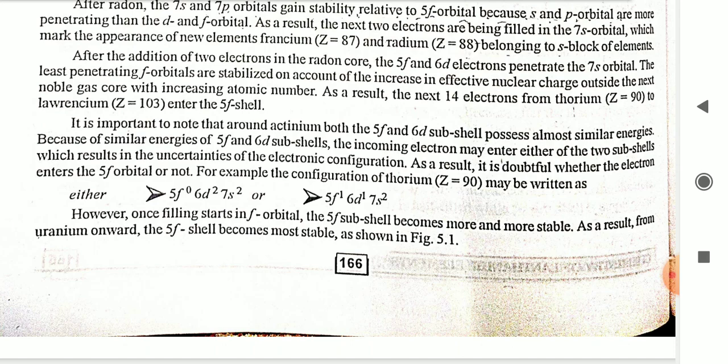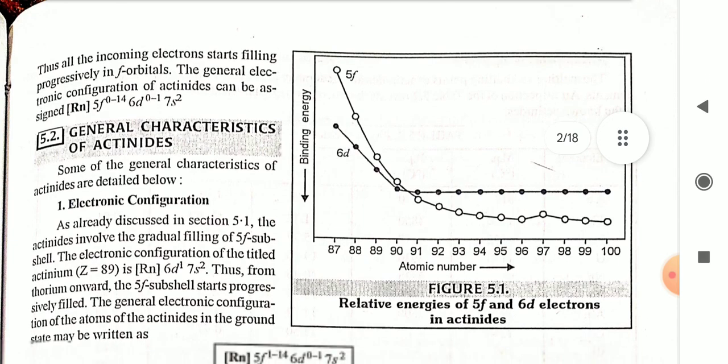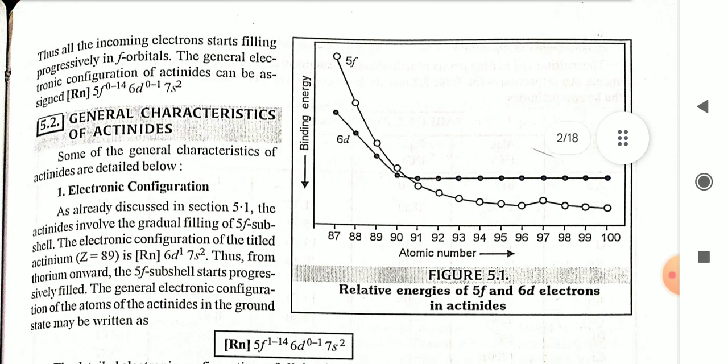As a result, from uranium onward, the 5f subshell becomes more stable, as shown in figure 5.1. Thus, all the incoming electrons start filling progressively in the f orbital. The general electronic configuration of actinides can be assigned as Rn 5f0 to 14, 6d0 to 1, 7s2.